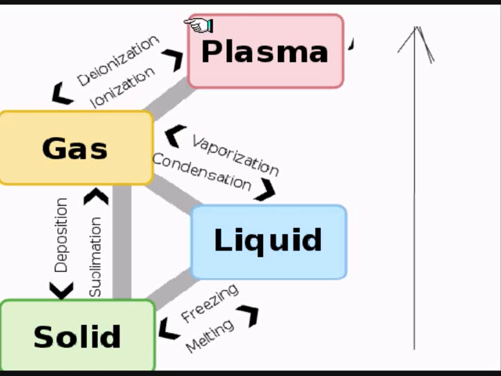If you cool the plasma, it will again become neutral particles, so it's called deionization, it becomes gas. If you cool the gas, it will condense to form liquid. If you cool the liquid, it will freeze to form solid. If you heat the solid at low pressures, it will directly convert to gas, and that is called sublimation.